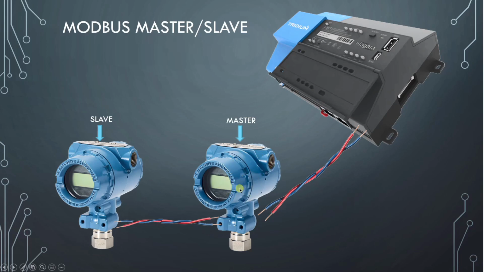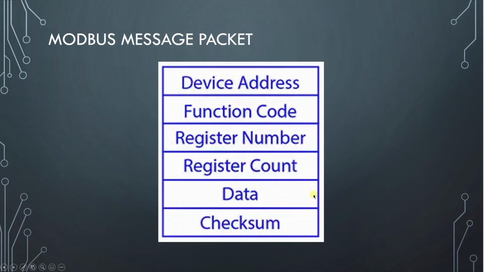If the response comes back with a checksum of XX, the controller automatically knows it comes from this device and not from that device. That is how checksum works. So essentially this is what your message packet is going to be in Modbus. I hope I've covered all of what is required for our integration.